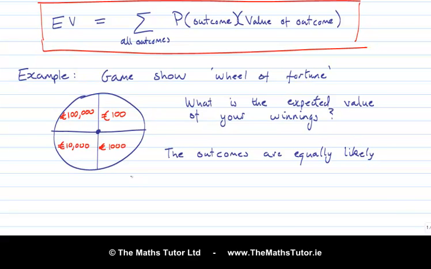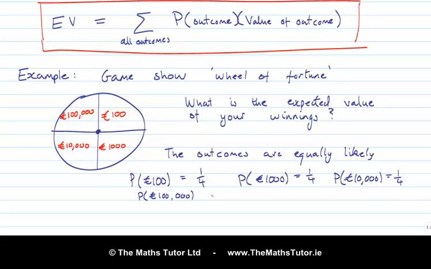So in this case we have that the probability of winning €100 is 1 over 4. The probability of winning €1,000 is also 1 over 4. The probability of winning €10,000 is 1 over 4, and the probability of winning €100,000 is 1 over 4. These are the 4 equally likely outcomes.